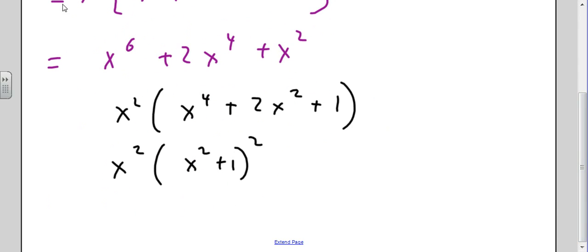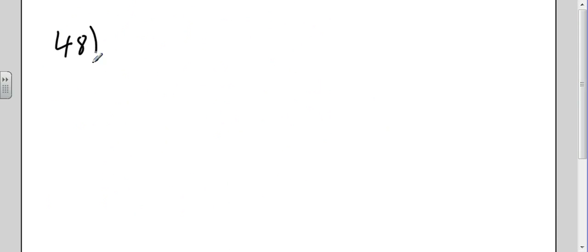All right, we'll do 48, and then we'll go to the next chapter. x squared times (1 minus x squared) cubed.